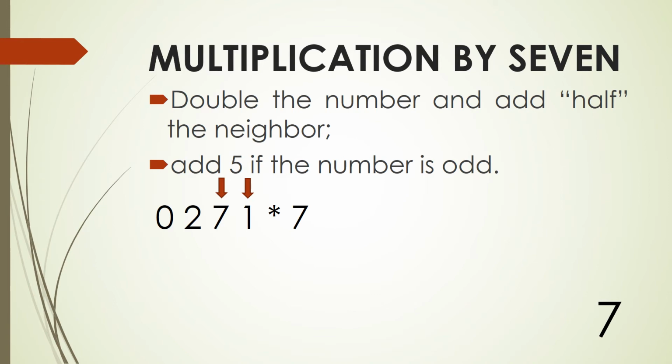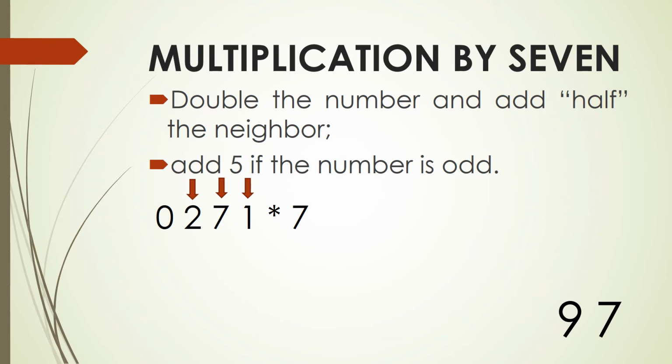We need here to write just the number 9 and carry the number 1. The next number, again, we double the number 2, which is going to be 4 plus half of the neighbor, which is going to be 3. Right now we have 7 in total, plus the number 1 that we were carrying. So the big total that we have here is 8.